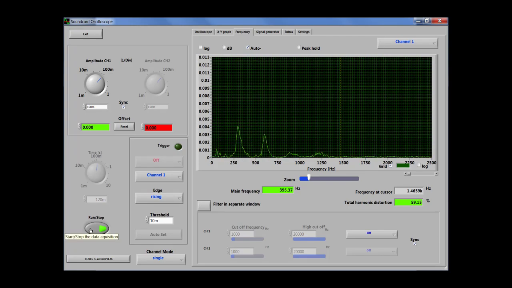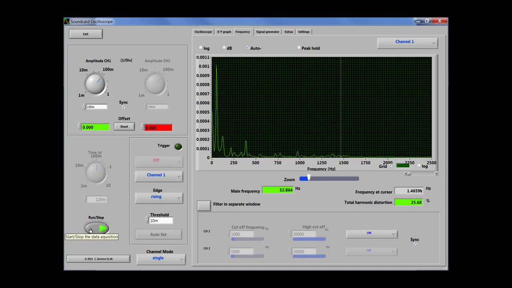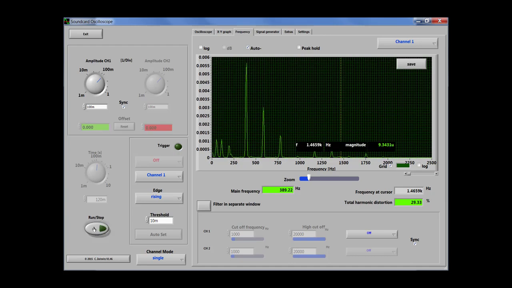So if I play a single note here, you can see the harmonic structure here. And you can again see the all harmonic type nature of this particular note.